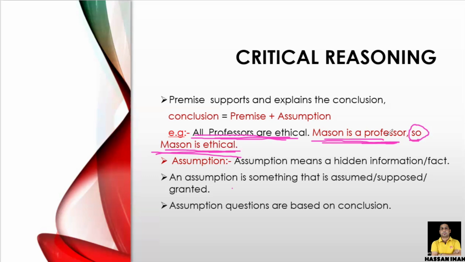Therefore Mason is ethical. So it is all about the assumption of the author. Let us understand the role of assumption. What is the meaning of assumption? Assumption means a hidden information or a fact. So I can say assumption means hidden premise.